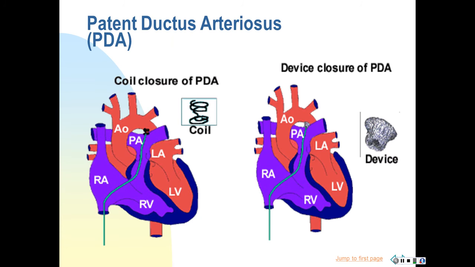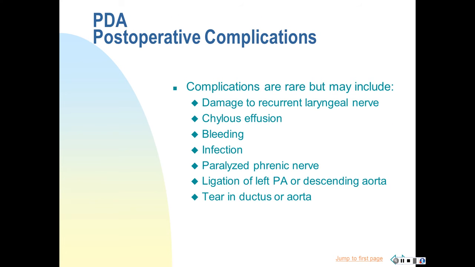Here's a couple different looking things that we can use in the cath lab. If they only have a PDA and it doesn't close on its own, they'll take them to the cath lab. Most of the time, these kids don't have an isolated PDA, so we usually take them to the OR because we have several things to close off.